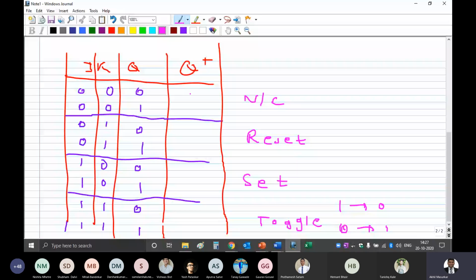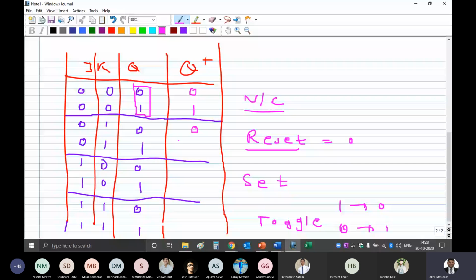No change means what? Whatever I have written in the present state, the same thing will come here. Reset means what? Everything will become 0. So whatever is the state, the next state is going to be 0. Set means what? Whatever is the previous state, the next state is going to be 1. And toggle means what?